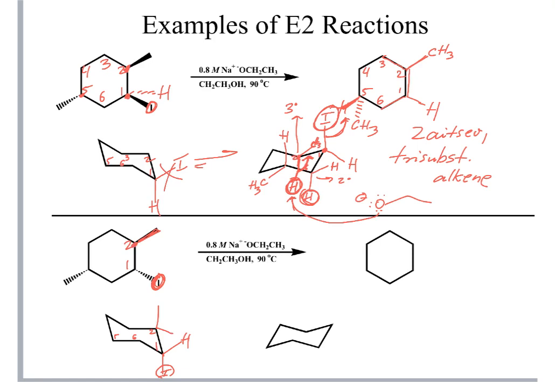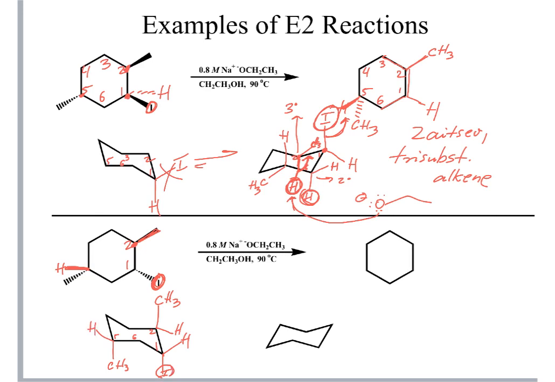Carbon number 2 has a methyl group pointing up and therefore hydrogen is down. And carbon number 5 has hydrogen up and methyl group down. Axial down, that's my CH3, and equatorial up, that's hydrogen.